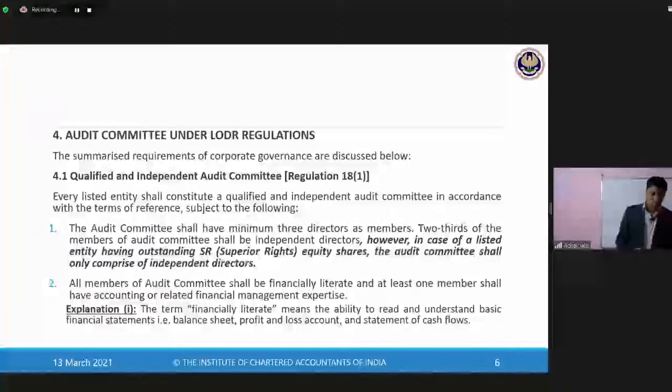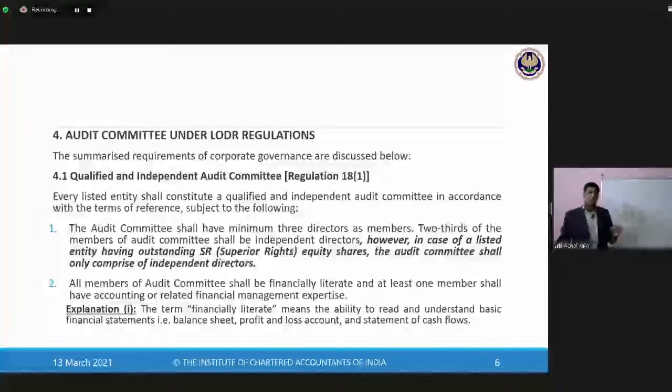The audit committee has certain responsibilities which are very important for the functioning of the organization in relation to the internal controls or the processes which are established. We can say it's the primary responsibility of the audit committee.